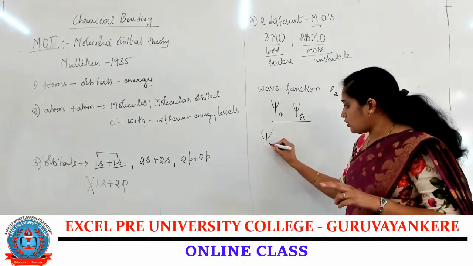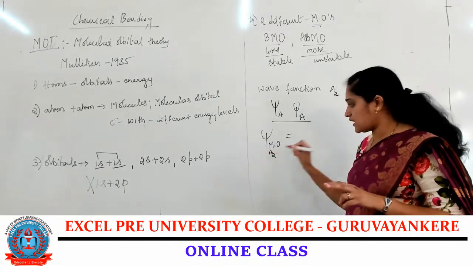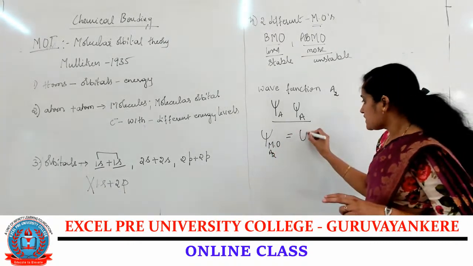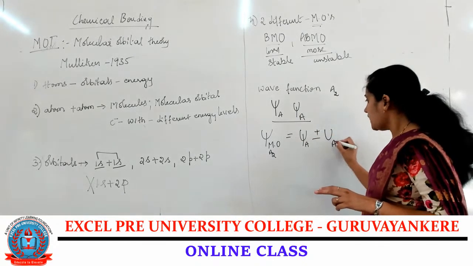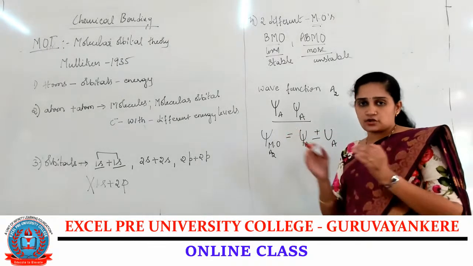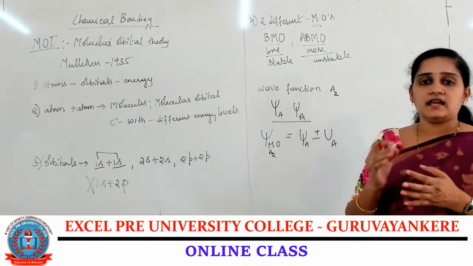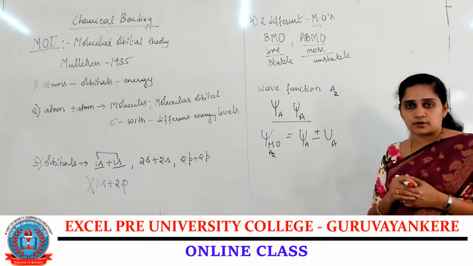So psi of the molecular orbital, or A2, is equal to psi A plus or minus psi A. Plus refers to the addition of the atomic orbitals, and minus refers to the subtraction of the atomic orbitals.